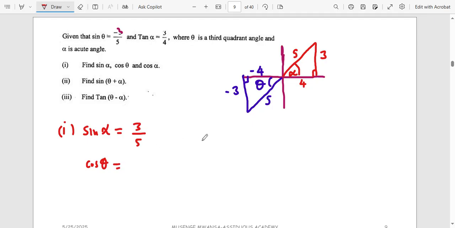Cos is given by adjacent over hypotenuse. But here we're dealing with theta, the one in the third quadrant. The adjacent side to theta is negative 4. The hypotenuse is a 5. Then the next one we want to find is cos alpha. Adjacent over hypotenuse. The adjacent to alpha is a 4. Hypotenuse is a 5.